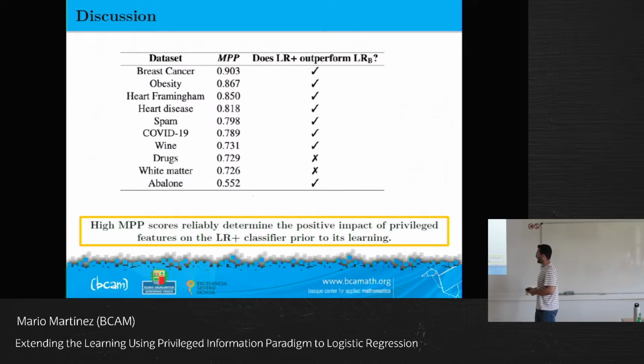But for a low MPP score, we don't obtain a consistent conclusion because, for example, for the Avalon, we obtain an MPP that is lower than the white matter, and we have a good behavior of our LR plus. But for the white matter, this MPP is larger, but the behavior of LR plus is worse, it cannot outperform the base classifier. So as a conclusion, only with a high MPP score can we reliably determine the positive impact of privileged features on the LR plus classifier prior to its learning.